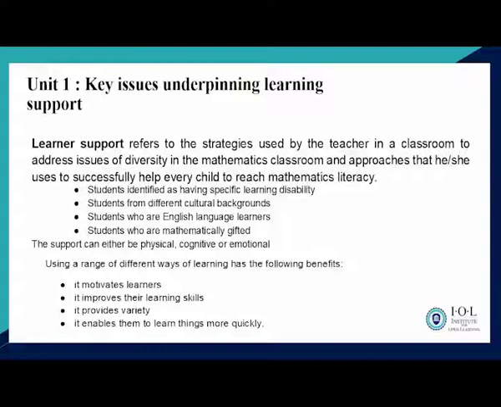The support can be either physical, cognitive, or emotional. Do not just look at the cognitive one, how smart a learner is, or how well or not a learner can do mathematics. Look at other things, emotions. Why are they not good at mathematics? Why? The physical one. Physical, just look at the body.